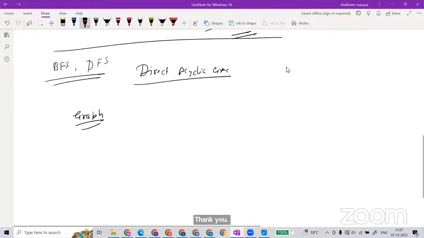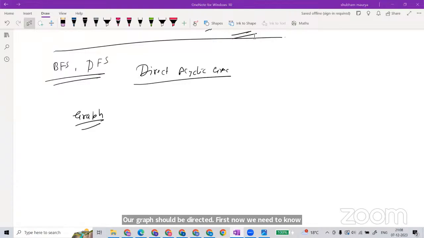So what is a directed graph? Last time we already discussed that.